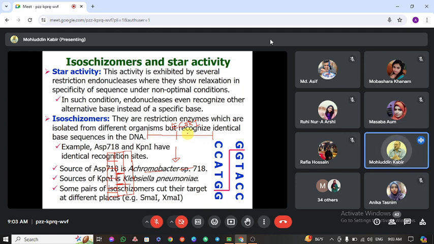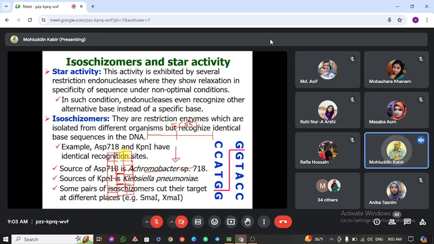So at non-optimal conditions, EcoR1 will show relaxations. That means instead of having 2 bands, it will produce many bands.